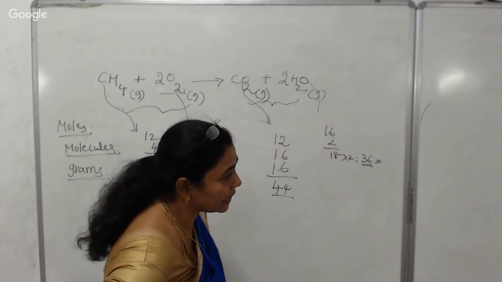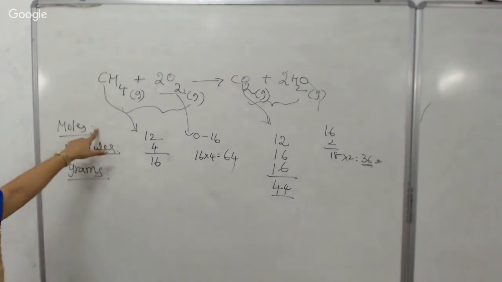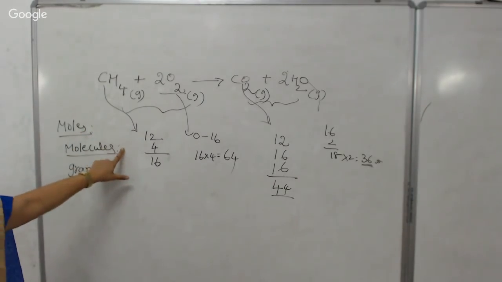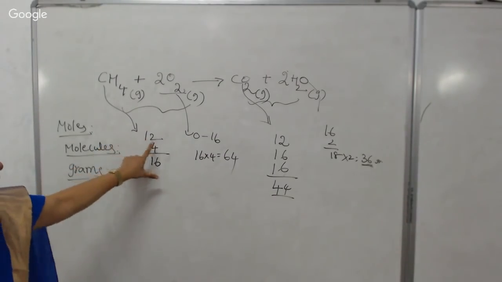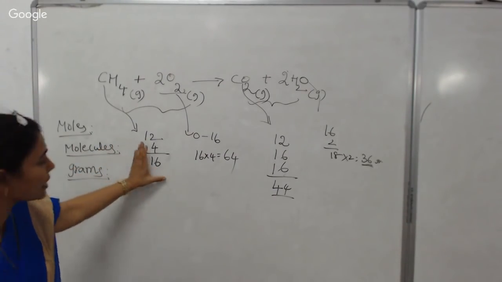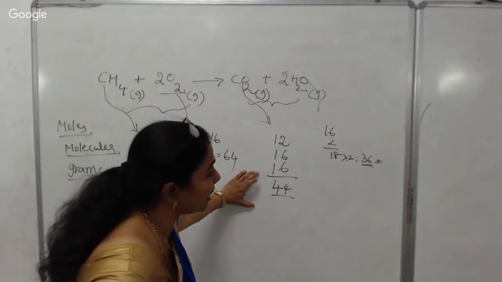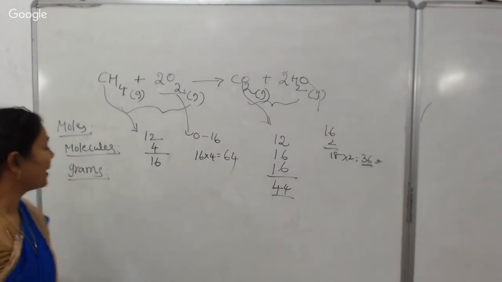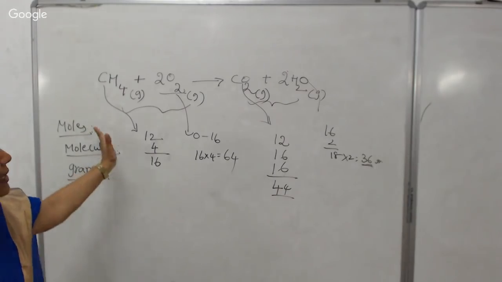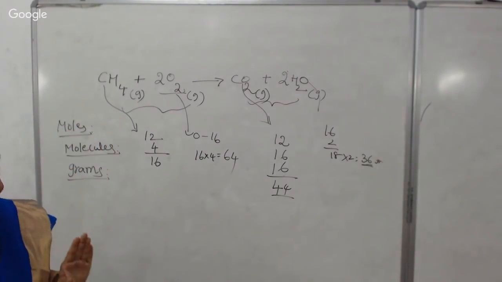Is it clear, children? Right. First I completed number of moles, next molecules, and grams. Please write grams down clearly. Grams related numerical problems you will generally get in the examination.